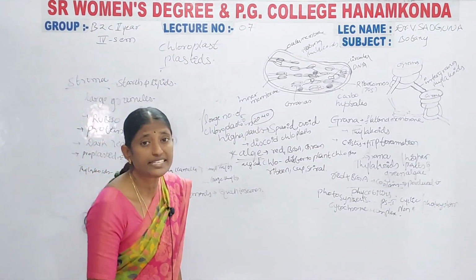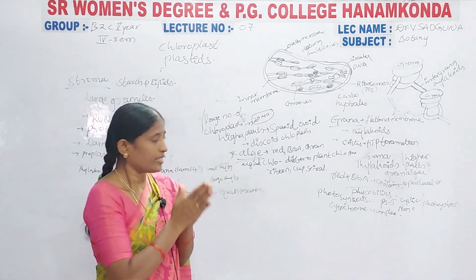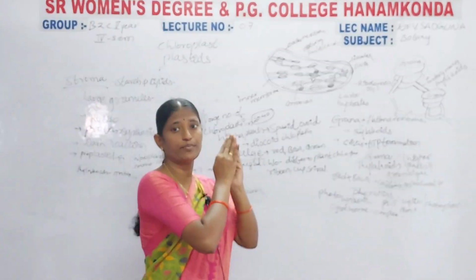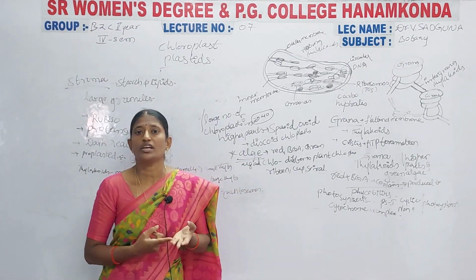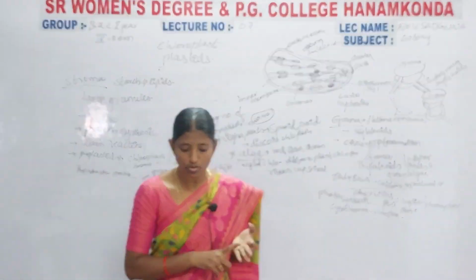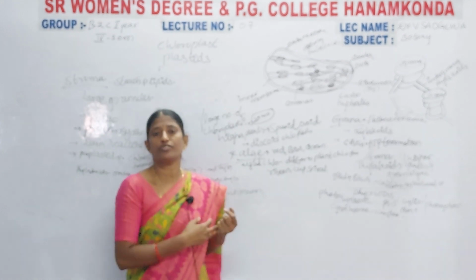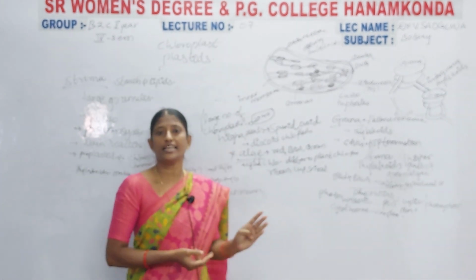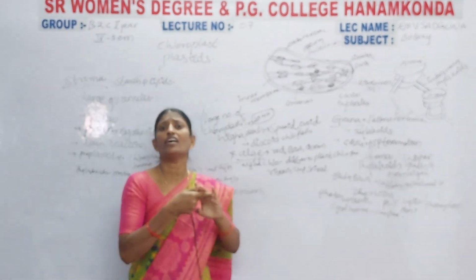So, now what are the functions of the chloroplast? First and most important is the formation of ATP, synthesized by photosynthesis. It also produces different types of RNAs: mRNA, tRNA, rRNA.